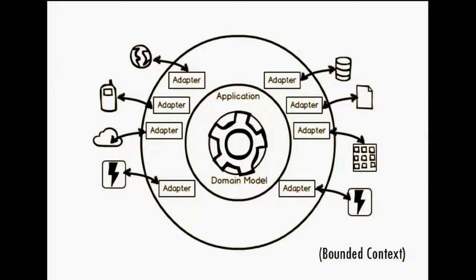Or a telephone, mobile phone, or some other cloud application that's integrating with you. The lightning bolt represents messaging. So if you look at those four areas to the left-hand side of the diagram, those are incoming ports, or ports that are interacting on their own to collaborate with this bounded context.